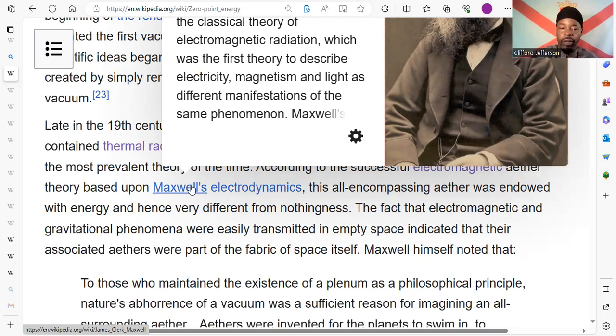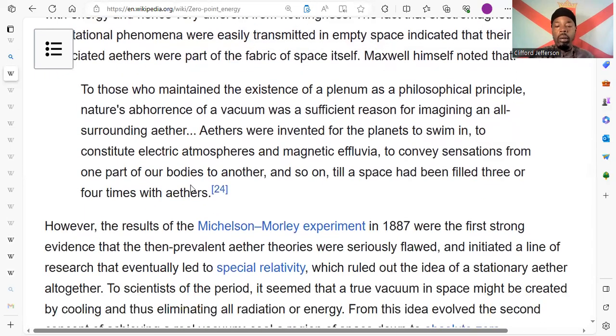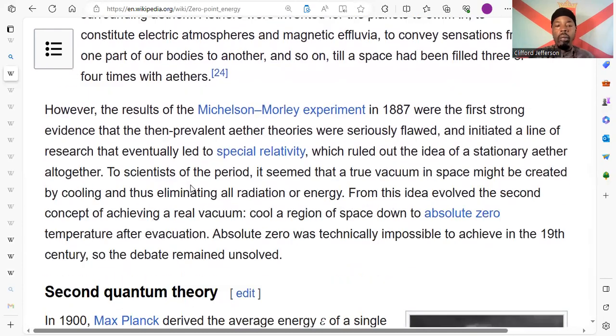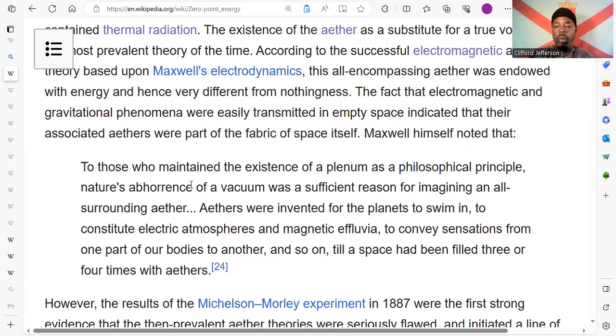All right, that's ether. They say here, in closing, to those who maintain the existence of a plenum, the philosophical principle, nature's apprehension of a vacuum was sufficient reason for imagining, you hear that?